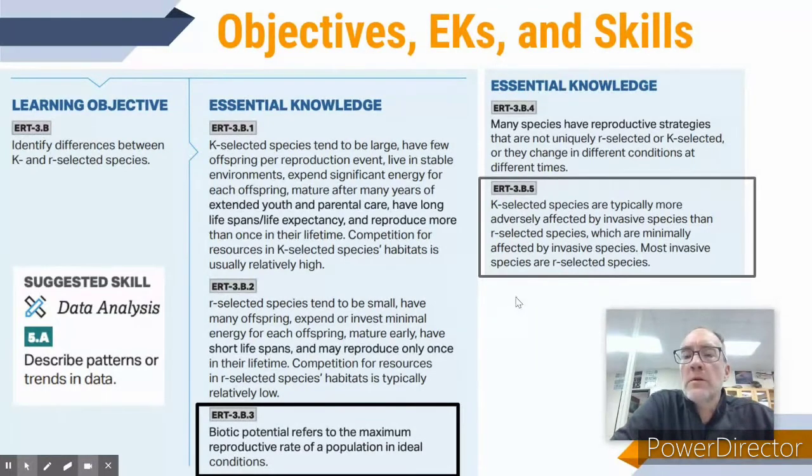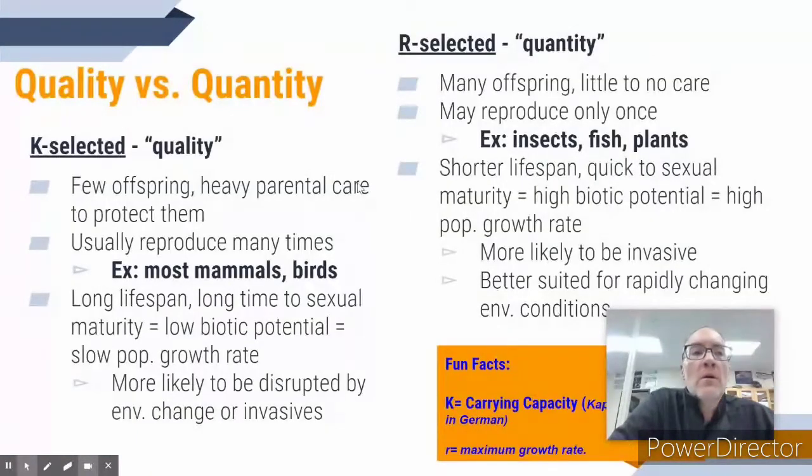We are also going to be talking about how K-selected species are more adversely impacted by invasives than R-selected, and how R-selected species are much more adaptable. And many times invasive species are indeed R-selected. So what are these terms? So K-selected, I want you to think about quality.